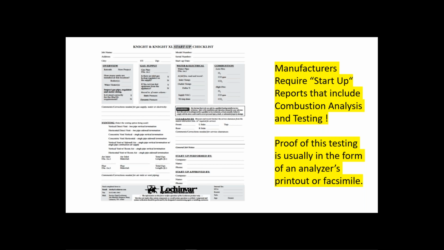The only way to prove that is by your output from your combustion analyzer. After you've made all of your adjustments and you've finalized your adjustments, you're now going to print out and/or email and/or file a combustion analysis report. So proof of the testing is usually in the form of an analyzer printout or a facsimile of that.